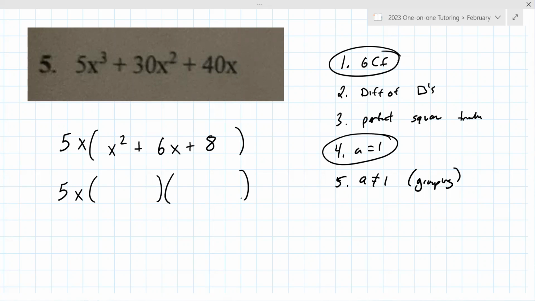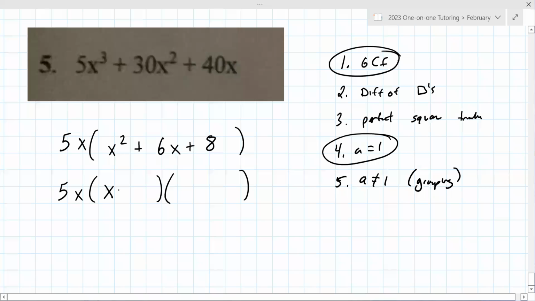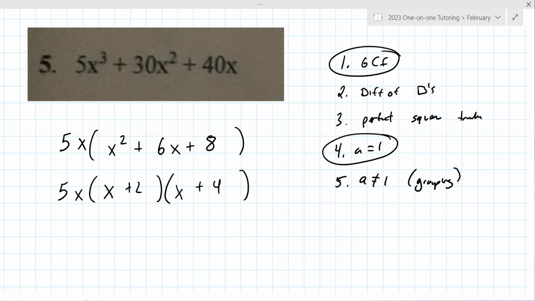I forgot what to do from here. Two numbers that multiply to 8 but add up to 6. Oh, okay, it's the last two. Two and four. Yes. Got it. All right, well, that's going to do it for us for today.